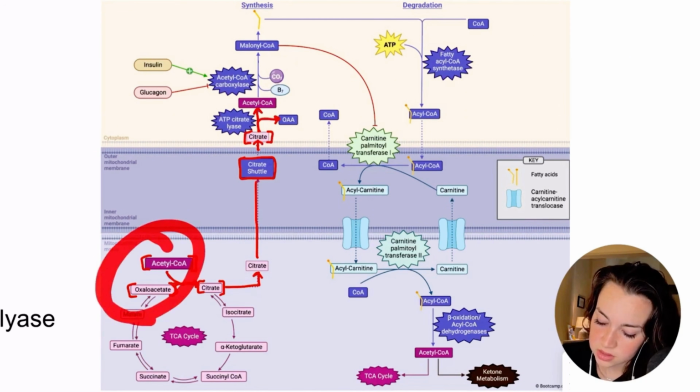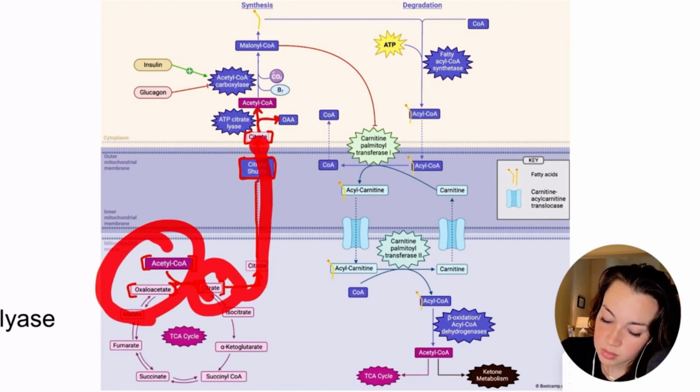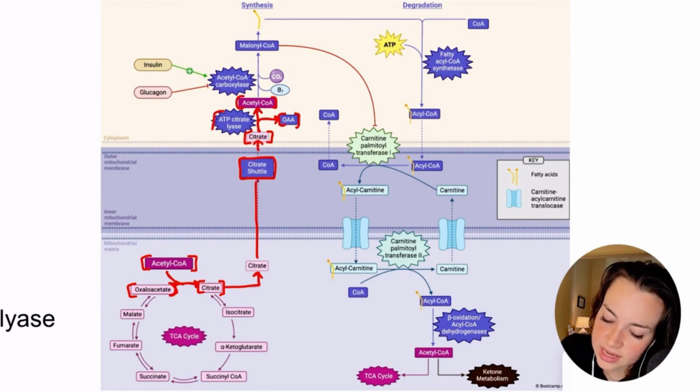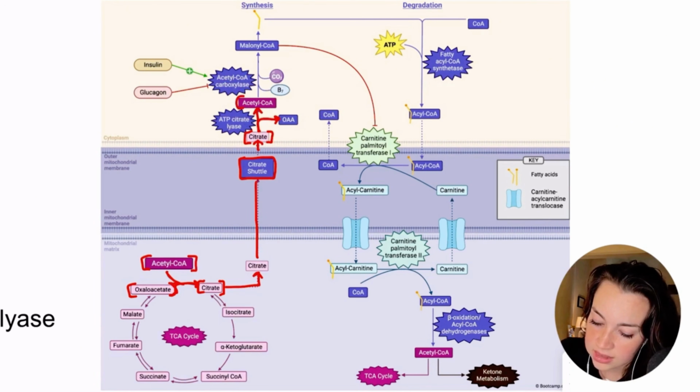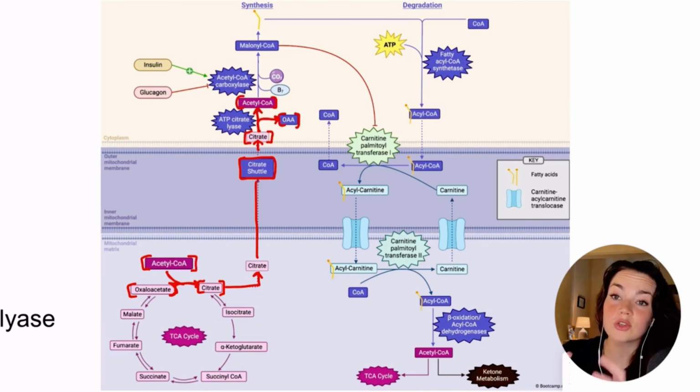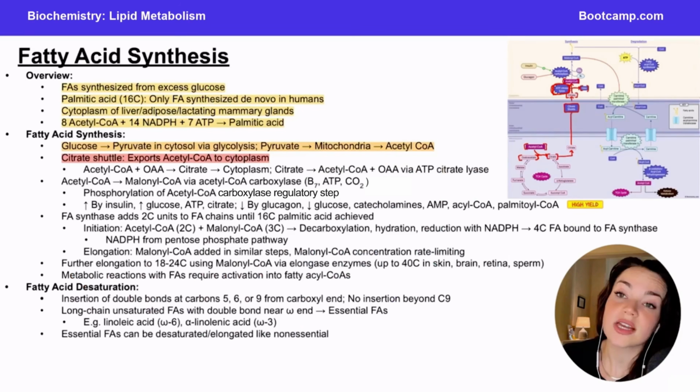So we combined those two, turned them into citrate, brought that out, and then this enzyme right here, ATP citrate lyase, is going to be in charge of cleaving that citrate apart into those same two starting products, the acetyl-CoA and the oxaloacetate. So we just used citrate as a neat little package to bring that acetyl-CoA across that membrane. All right, so that's our citrate shuttle.